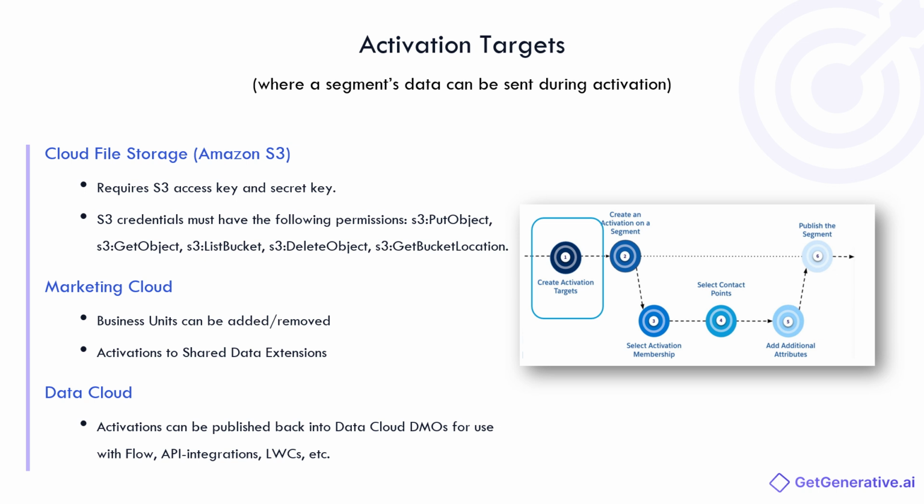Hence, this is a way of curating and segmenting the data even within Data Cloud, where if you're performing an activation and you choose Data Cloud as an activation target, all the activation does is publish the data into a Data Cloud data model object, and that data model object can be used in Salesforce flows, APIs, LWCs, etc.